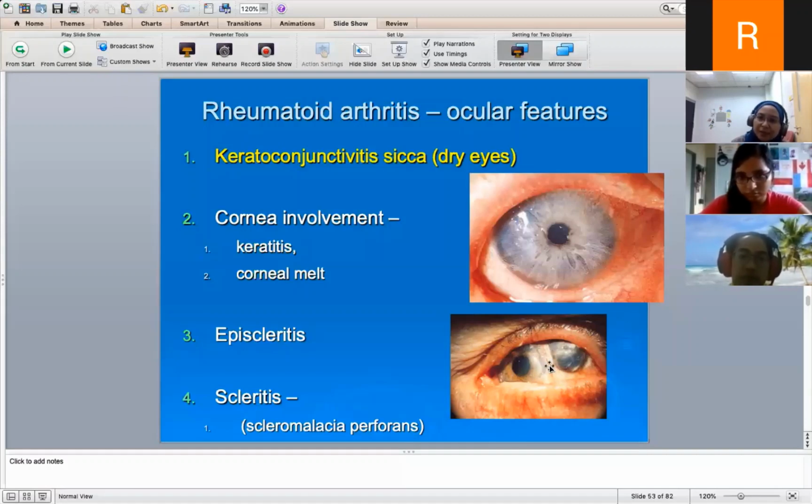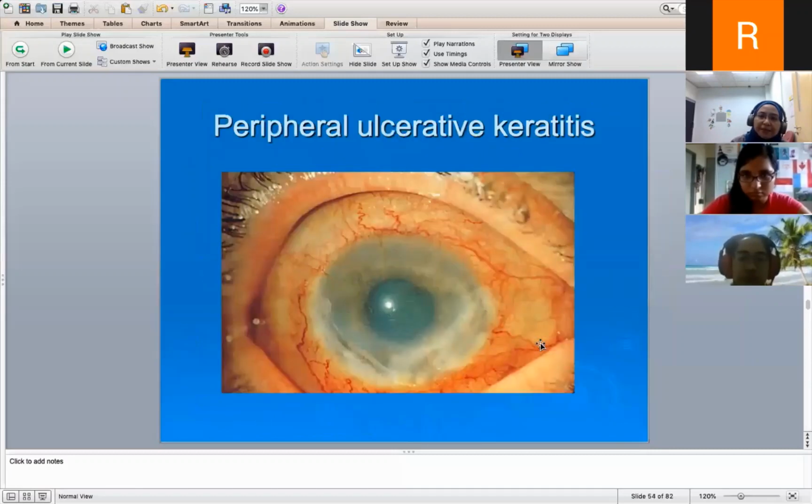So when they get melting on the sclera, what is this? This is your choroid, because the sclera layer has melted. This is when you don't want this to happen, because eventually it will perforate. So rheumatoid arthritis can get thinning on the cornea and also thinning on the sclera.